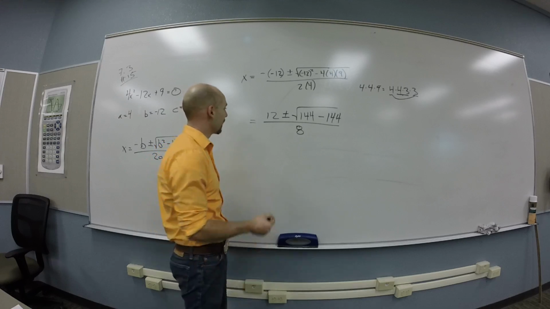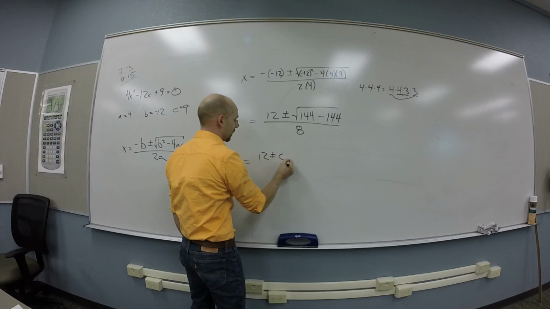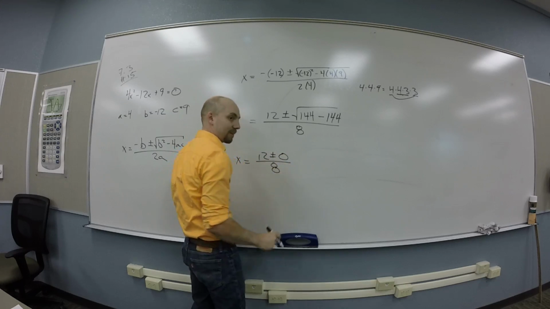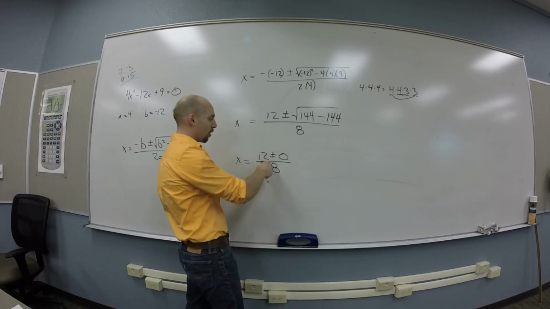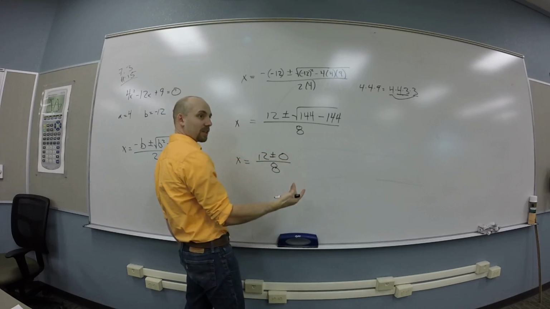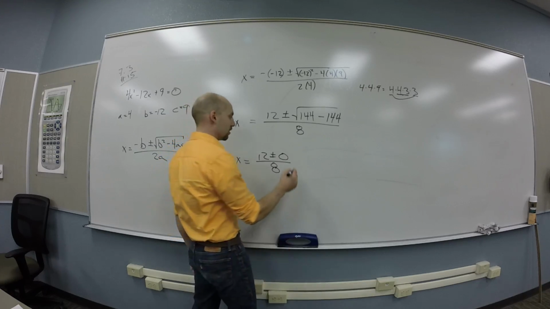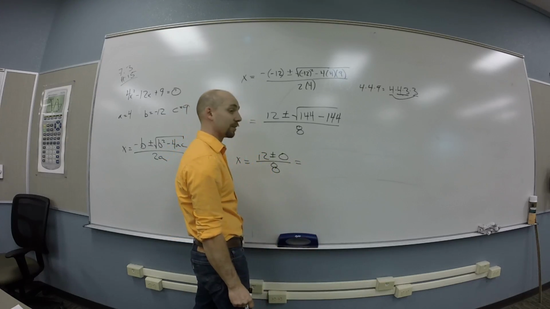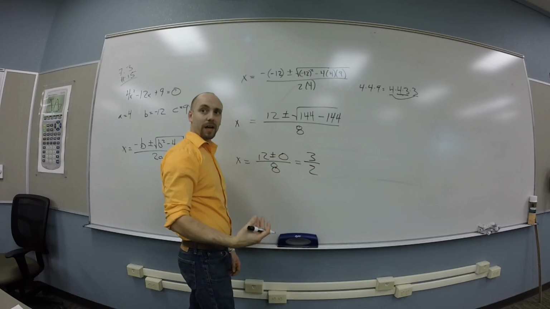When it's 0, I get one of these where it says, all right, x is 12 plus or minus 0 over 8, right? So there's only one solution here, because the plus or minus doesn't change anything. You guys see that? It's 12 over 8, so I get 3/2. And there's only one answer.